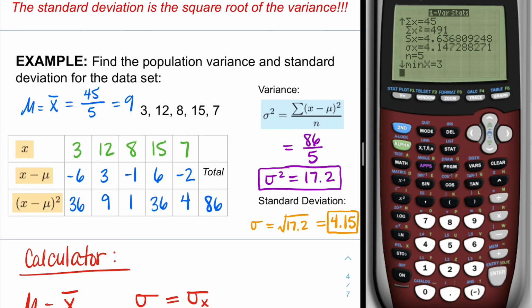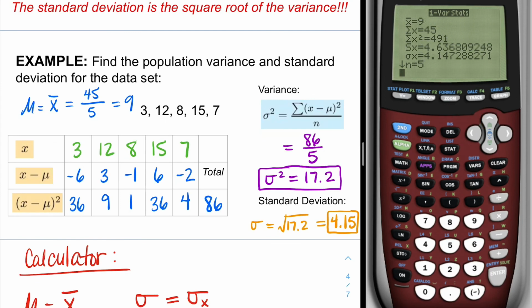Okay, so make sure to please write this down: this means your mean. This is your standard deviation. Now you should notice that on the calculator, it does not give you the variance, which is your standard deviation squared.